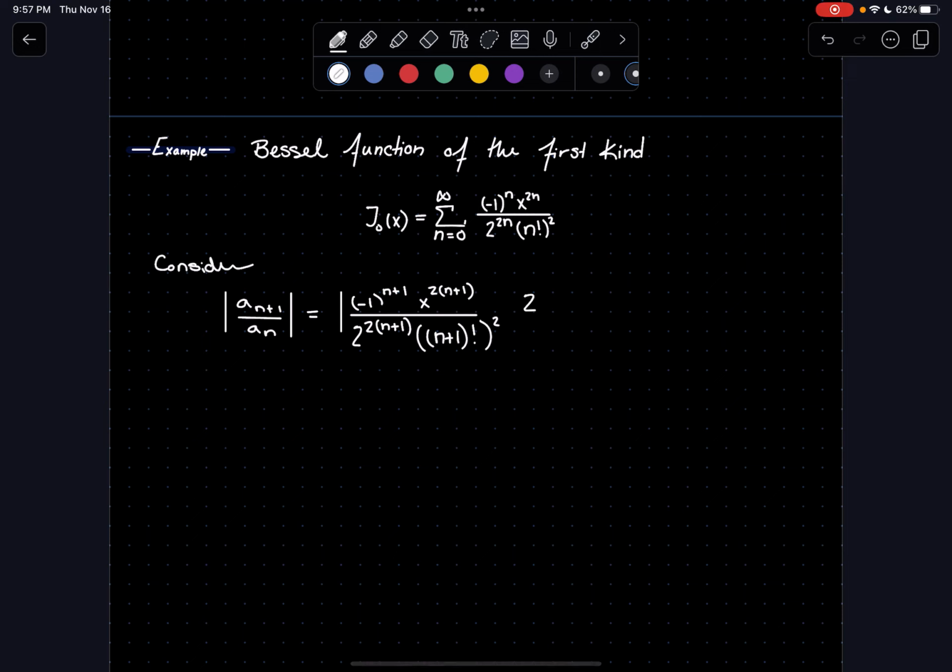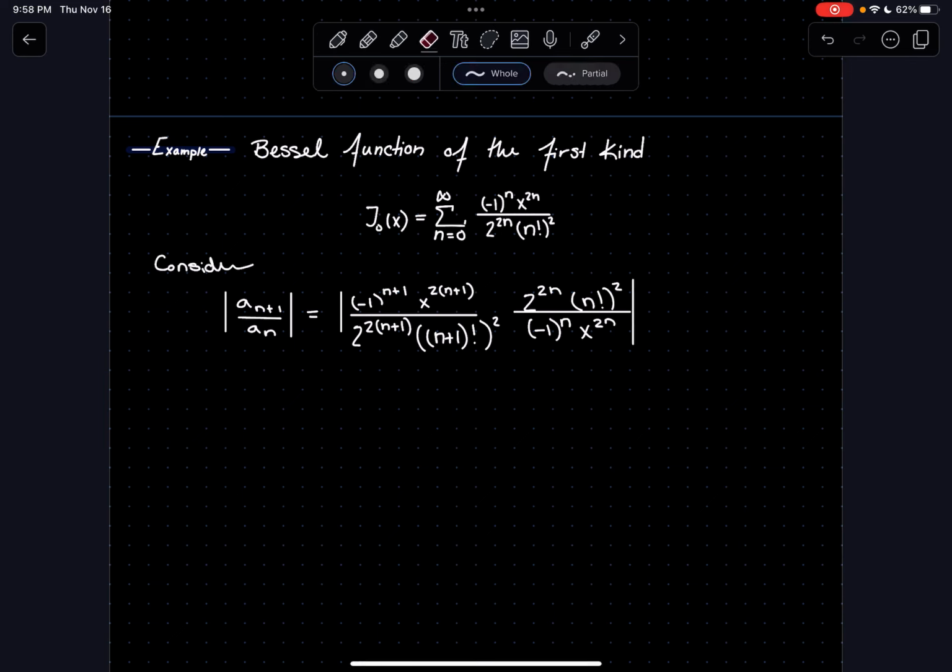So now times 2^(2n) n factorial squared over (-1)^n x^(2n), right? And again, we can actually drop these negative signs because we're in absolute value, so I can just drop those. So I'm just going to erase them now instead of rewriting the whole thing.